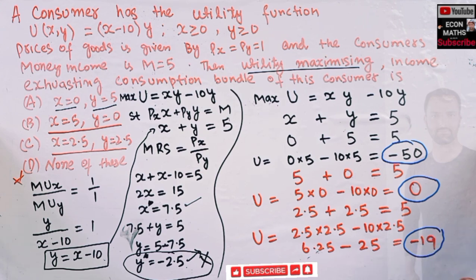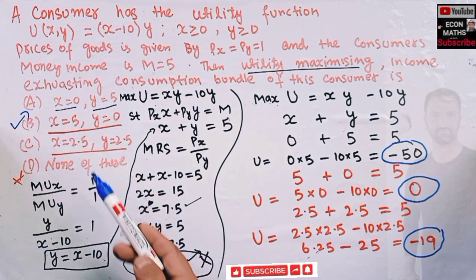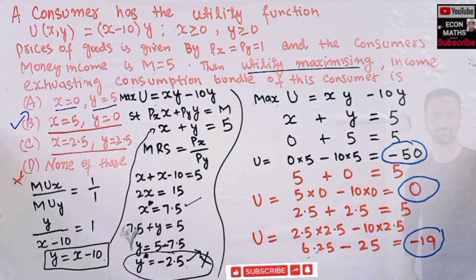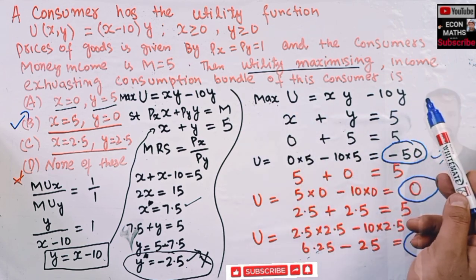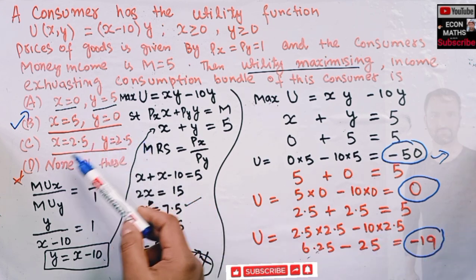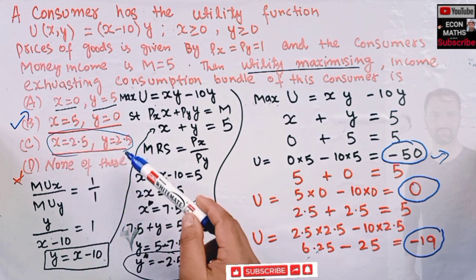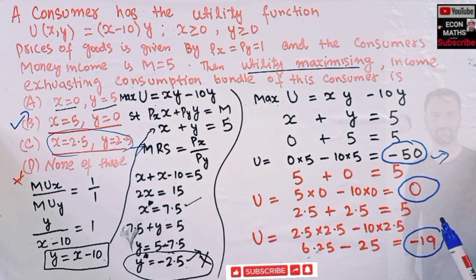I guess the correct option to this question should be option B. When the consumer consumes 5 units of good x and 0 units of good y, the budget constraint is satisfied and he is getting the maximum utility. The other option only satisfies the budget constraint, but we did not get the maximum utility. The maximum utility is possible when the consumer is consuming all units of good x and no unit of good y.